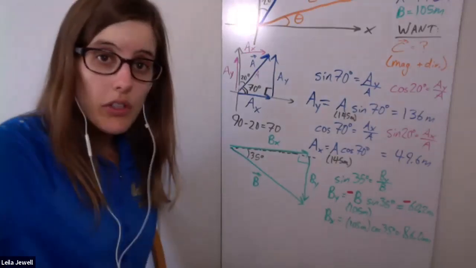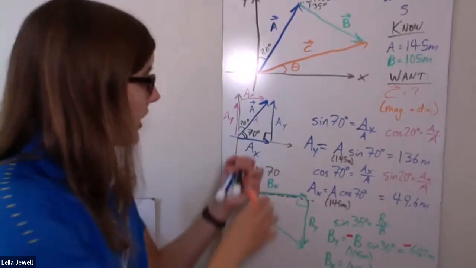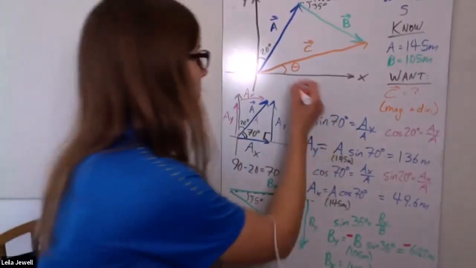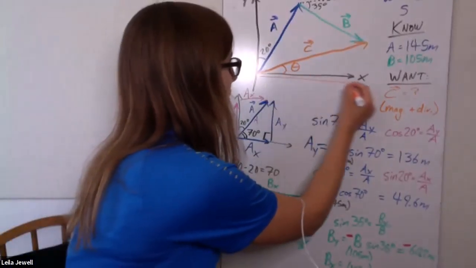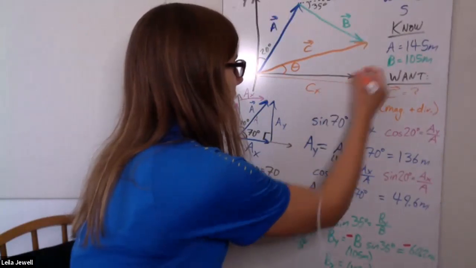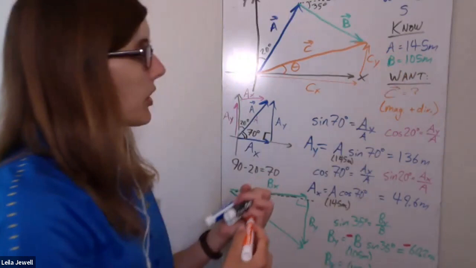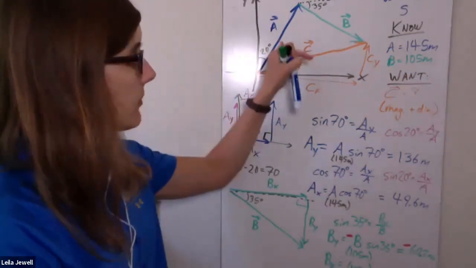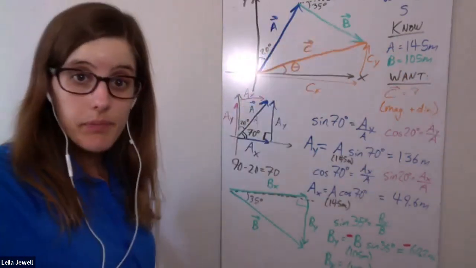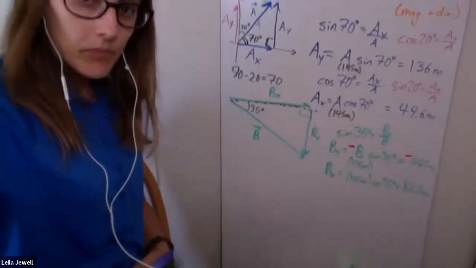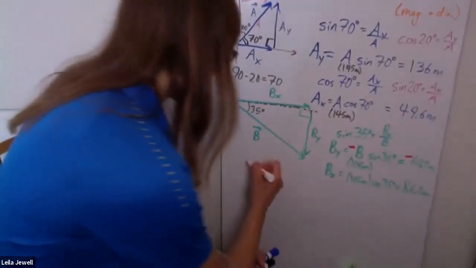We know that we can get the overall x and y components of C, C sub x and C sub y, by just adding or subtracting the x and y components of A and B. So that's what we'll do down here.